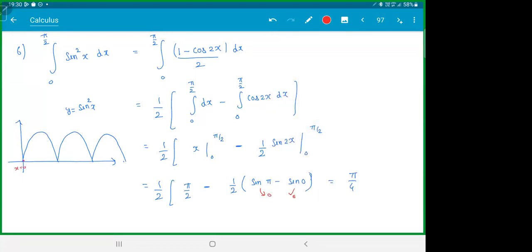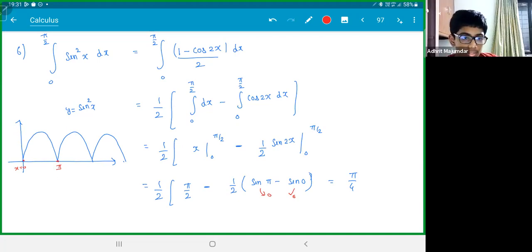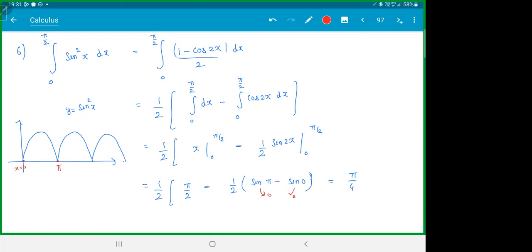So this is 0 and this is pi by 2 actually. That is pi actually. So you want the area from 0 to pi by 2. This area we found. Clear?